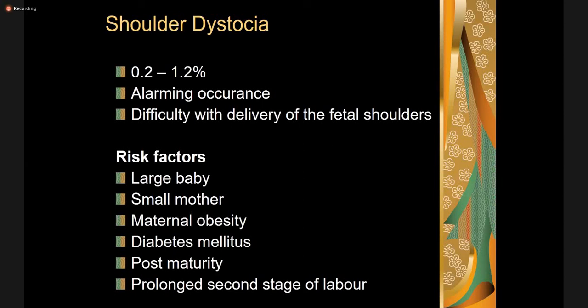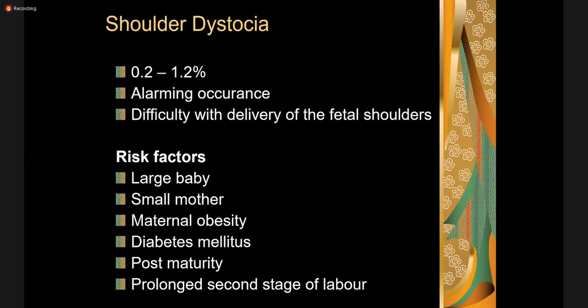And if you find in your antenatal check that the patient has a risk of shoulder dystocia, or a risk of the baby delivering with difficulty because of the good size of the baby, because you can assess the fetal weight by ultrasound and by abdominal examination, or if a woman has any risk factor, try to counsel the woman early.